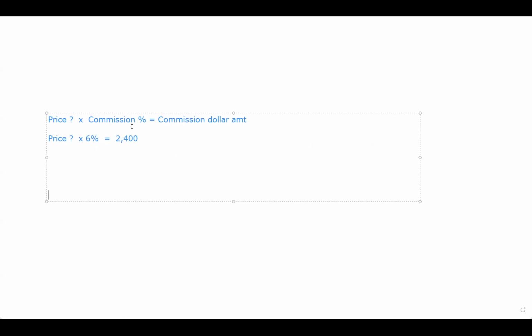To do that, we're going to need a T-bar. A T-bar looks like this. That is the T-bar. The bottom part of the T-bar is the multiply. The top part is the divide.